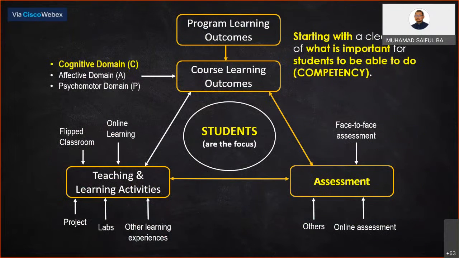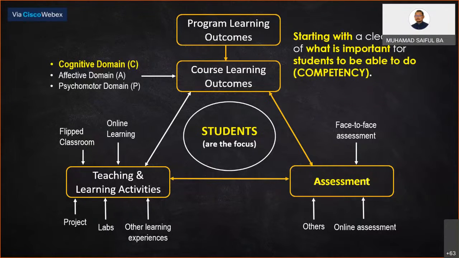If you look at outcome-based education, it is about the student at the center, because we need to start thinking about what is important for students to achieve at the end of the program, the class, or the course. That is considered the expected competency that students have to gain in order to be certified as a pass candidate.